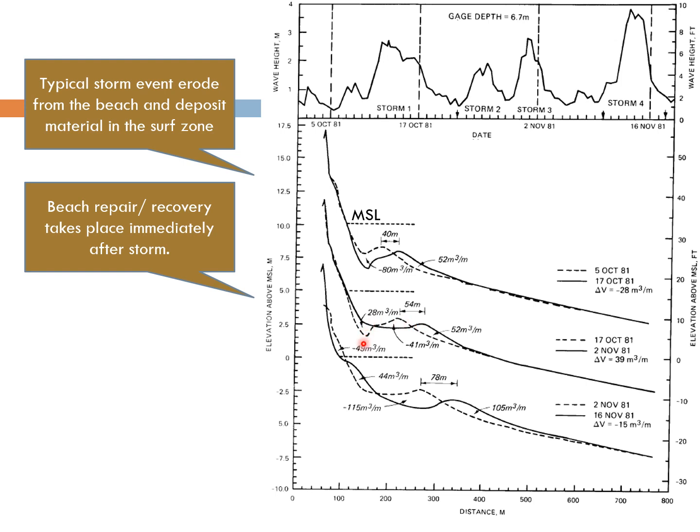We have a steepened near shore beach profile that has recovered with a gain of 28 meter cube per meter. We have a loss of 41 meter cube per meter here and a gain of 52 meter cube per meter. Overall, there has been a gain of 39 meter cube per meter.